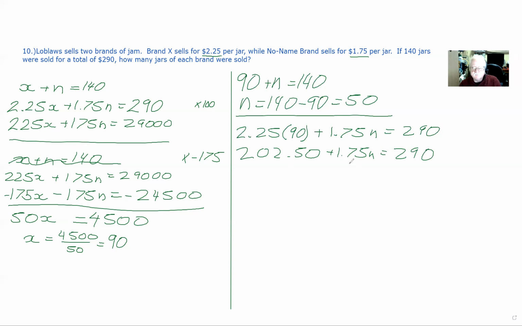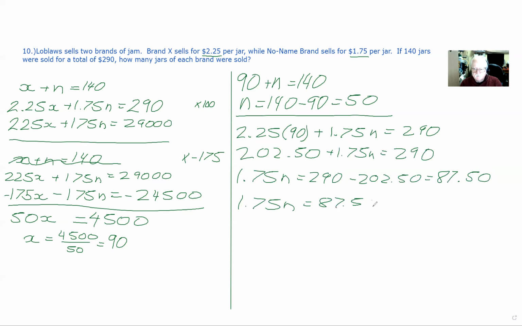So the 202.50 is going to have to leap over, and we get 1.75N equals 290 minus 202.50. Let's see what that's equal to. That's equal to 87.50. So we're now at 1.75N equals 87.50.